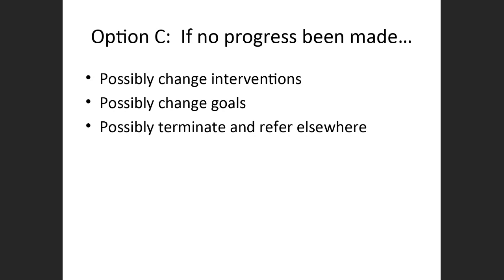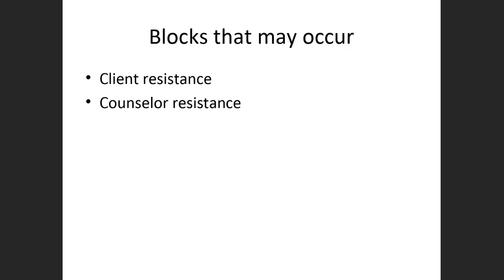All right. So as we're doing all these things and getting ready for ending services or adjusting them, things can come up. And these were some things that I think were part of your unit for this past week. We might have clients be resistant to ending services.